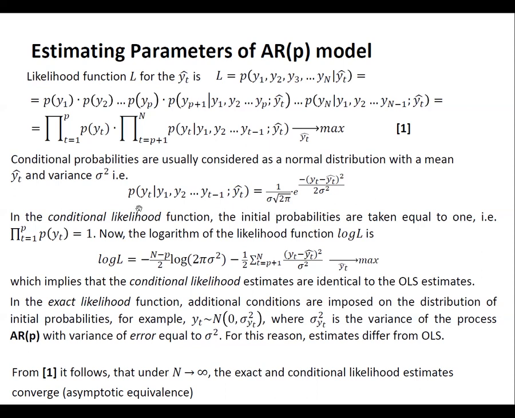Here yt is the observed value, this is the model value, and this is our variance. In the conditional likelihood function, these first initial probabilities are taken equal to 1 because we cannot say anything about them, because there is no prehistory and we cannot build a model.